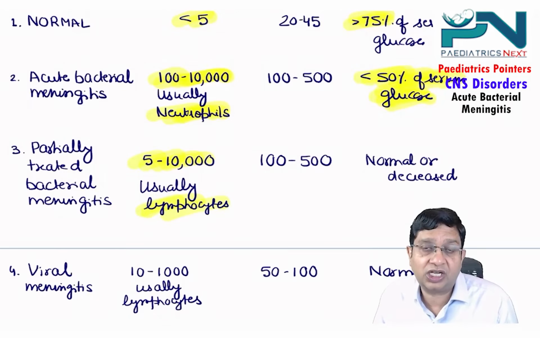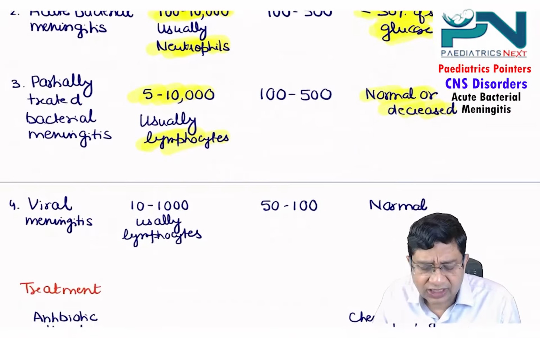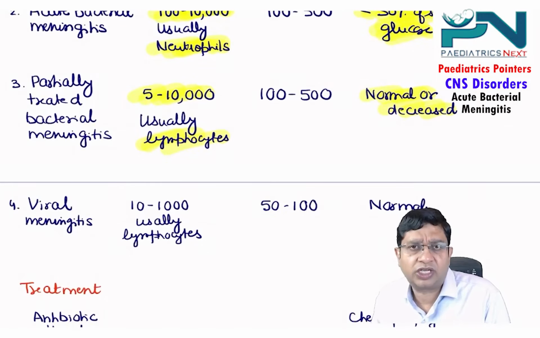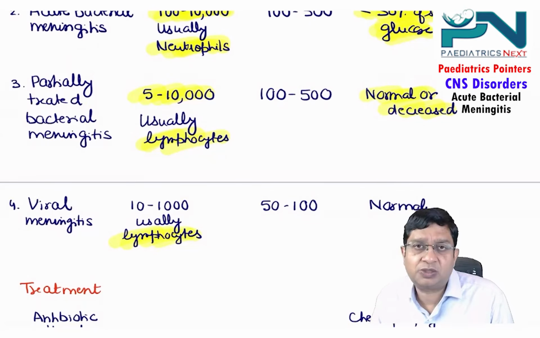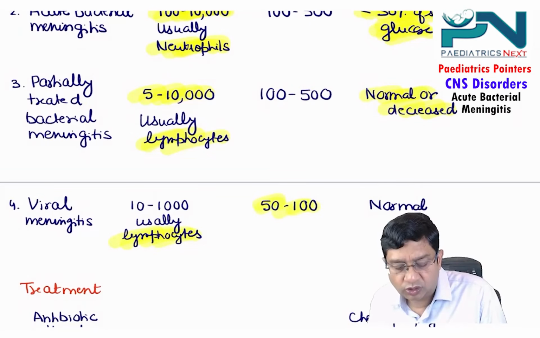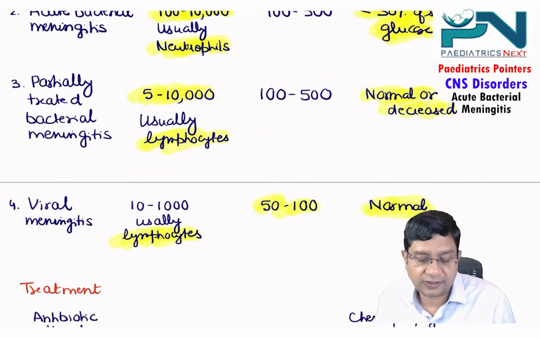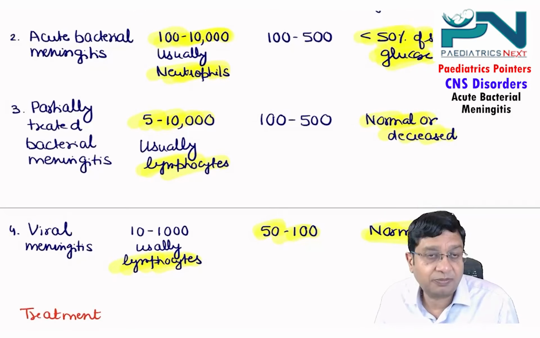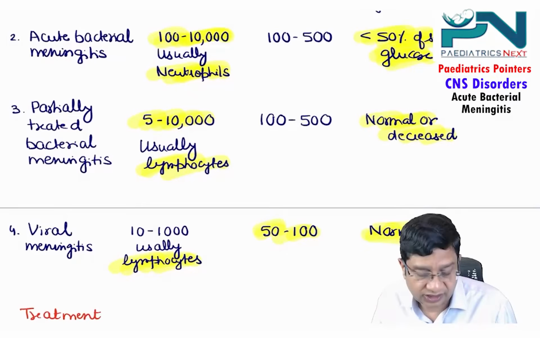Protein is still high, 100 to 500, and the glucose can be normal or decreased. In viral meningitis, cells are increased, but not that much. It can be 10 to 1000 or 10 to 100, and they are usually lymphocytes. Protein is mildly elevated, 50 to 100, but CSF sugar is normal. These three pictures you should remember: acute bacterial meningitis, partially treated bacterial meningitis, and viral meningitis.